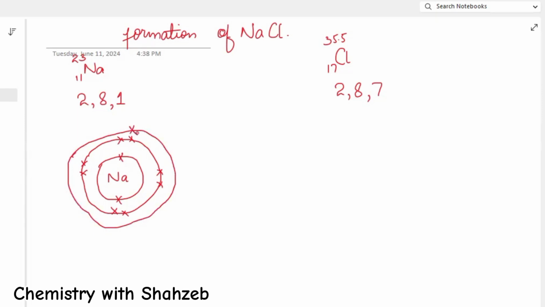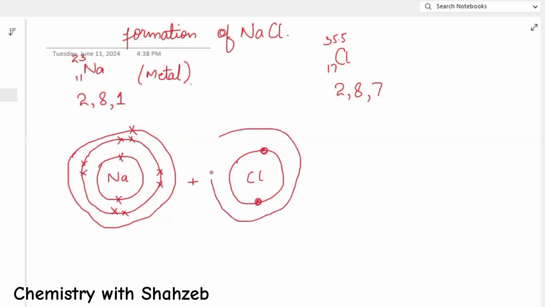As we know that sodium is basically a metal, if you are drawing the electrons of sodium with cross, then you have to draw the electrons of chlorine with dot. First shell of 2 electrons, and second shell of 8 electrons.